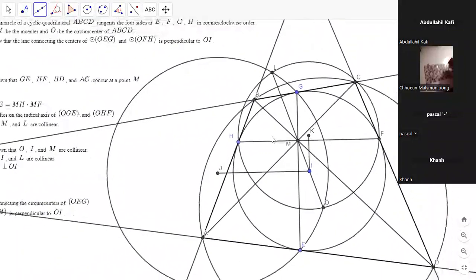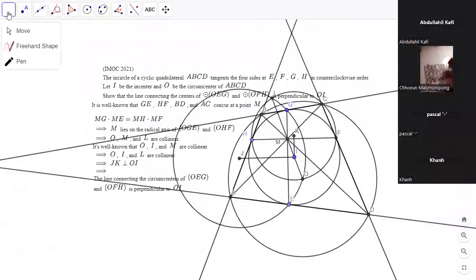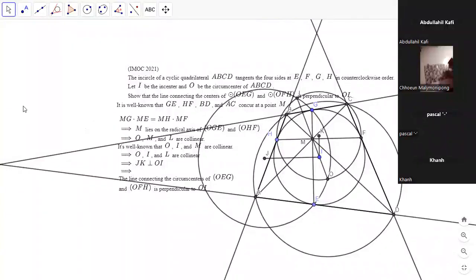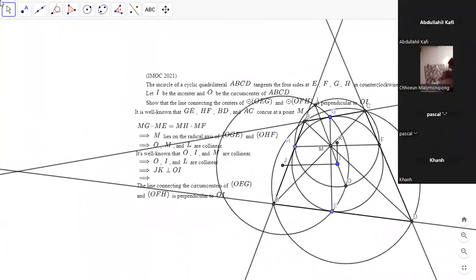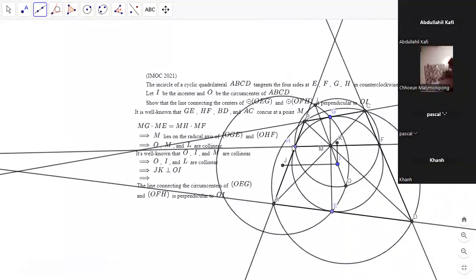So HF passes through this point? This is Newton's theorem or something. Wait, HF doesn't pass through this point. Or the picture doesn't show it does.